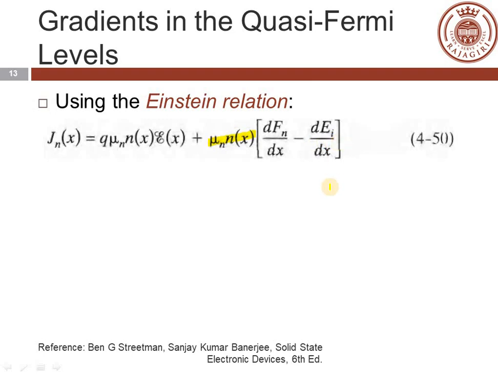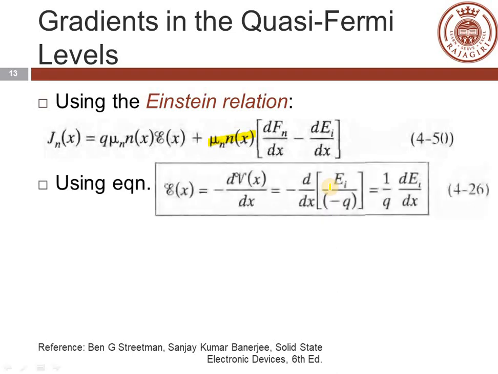Now we will be using another equation, the electric field, which is minus the derivative of potential, that is minus d by dx of V of x. Then potential and energy are related by potential divided by charge.